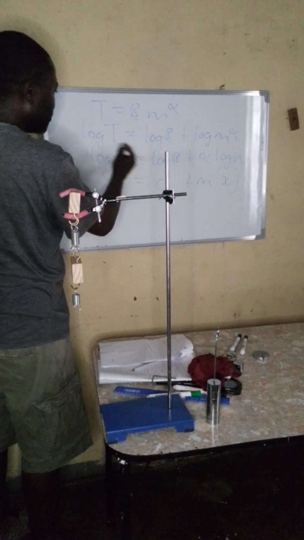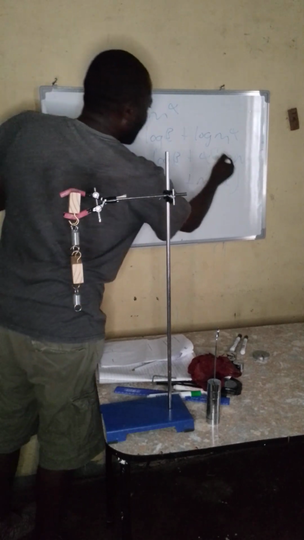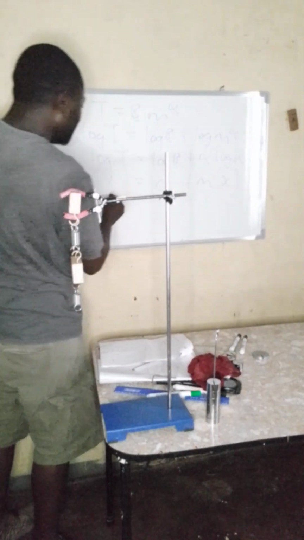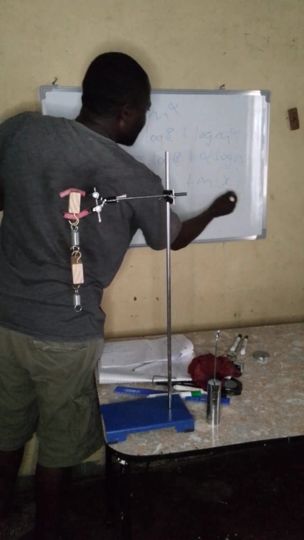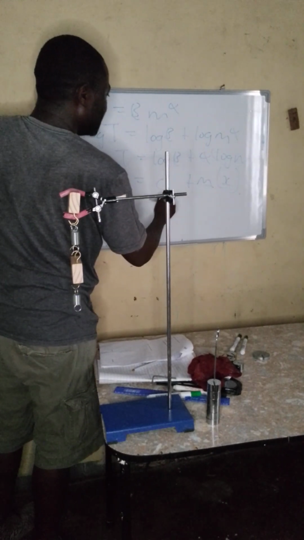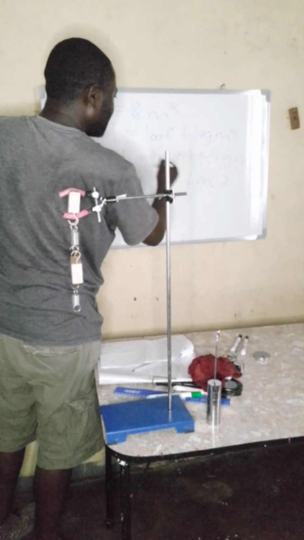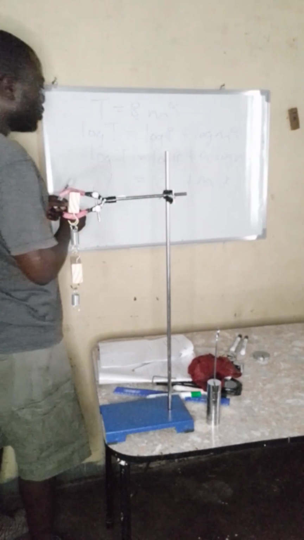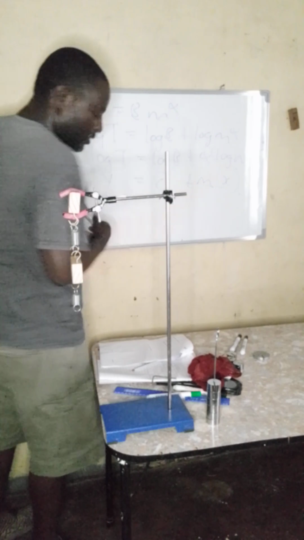So log t will be on the y-axis, log m will be on the x-axis, alpha will represent the gradient, and the intercept c will be represented by log b. So we're going to plot a graph of log t against log m.